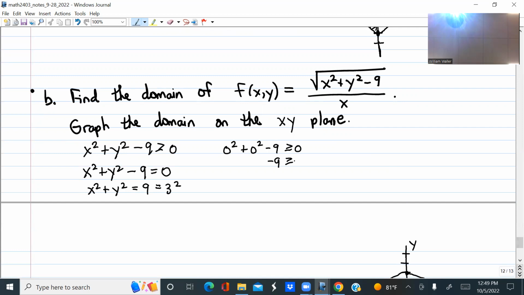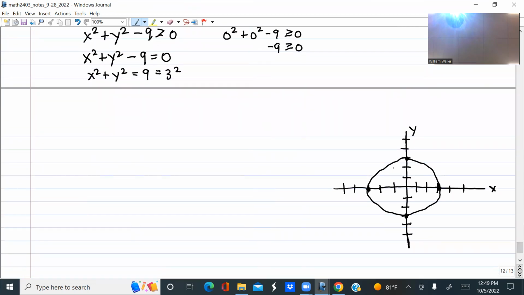That says minus 9 is greater than or equal to 0, which is not true. So the origin is not a solution to the inequality. That means the real solutions are outside of the circle. That's an easy way to solve inequalities like this one. So we want all of these points; we'll shade in this region outside of this circle.